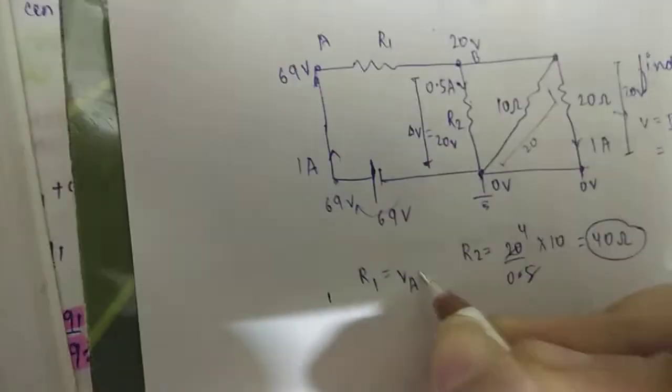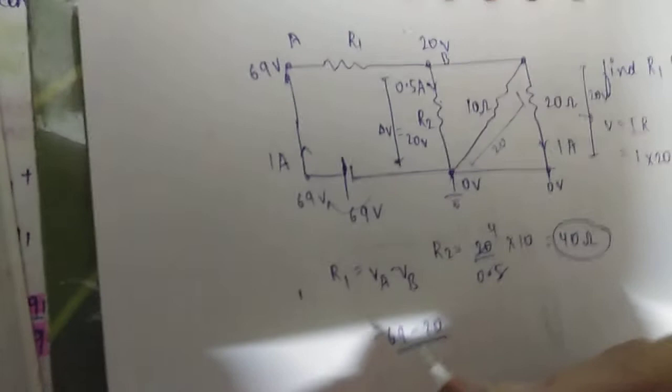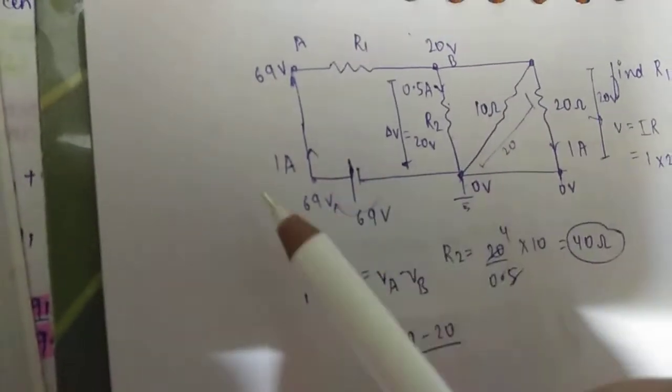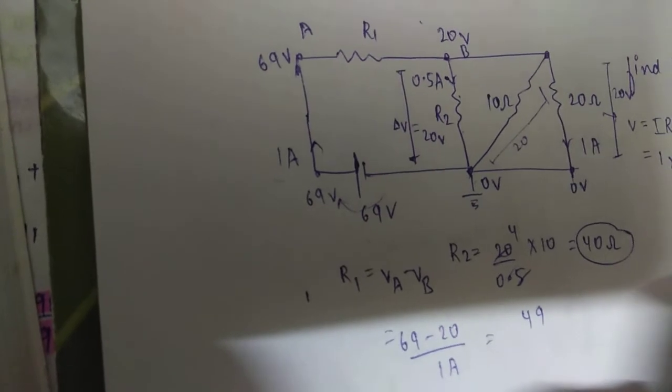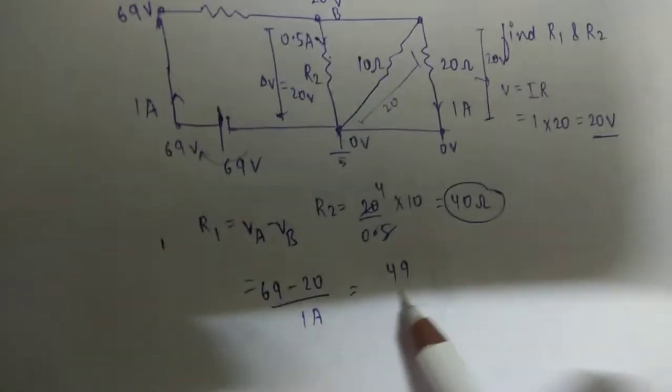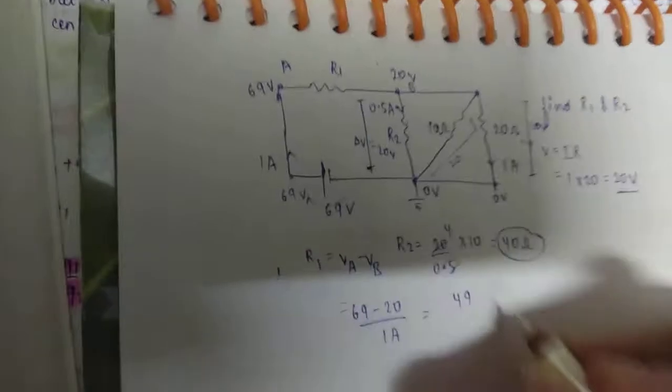So I get here 69 minus 20, and I know the current is 1 ampere, so it would be 49.